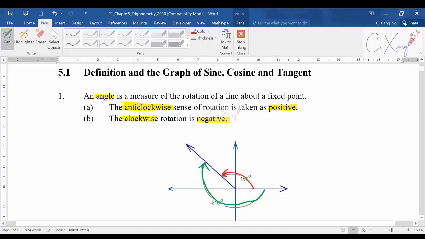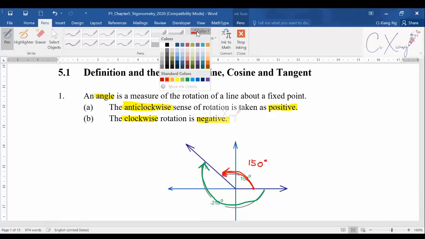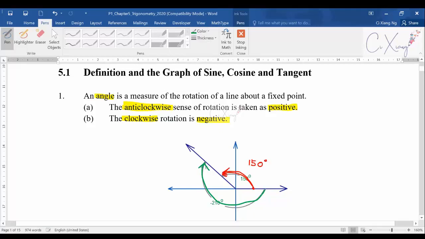From the positive x-axis, when I measure the angle in the anti-clockwise direction, if this is 150 degrees, then in the green part, if I measure it, it should be 210, but because it is in the clockwise direction, when you write it out, we have negative 210.